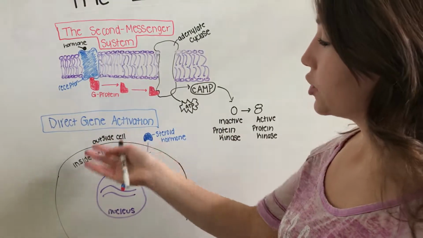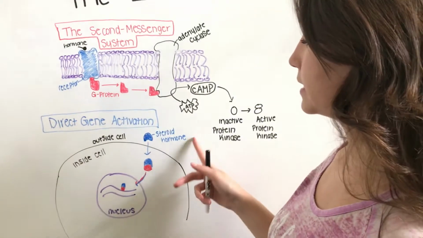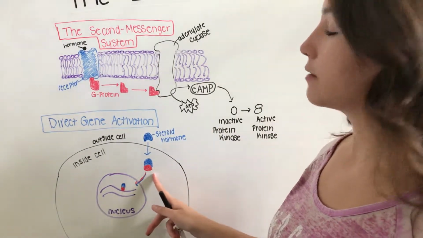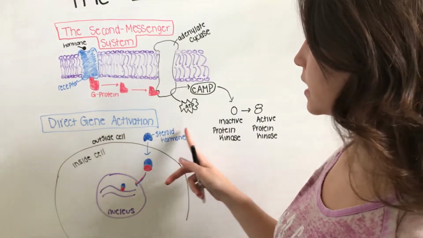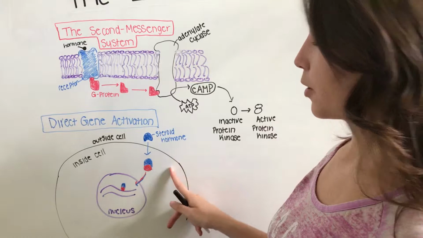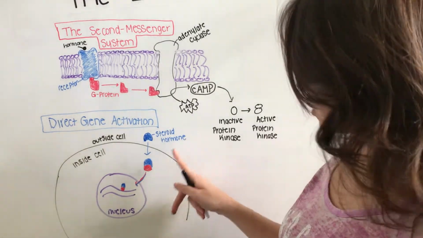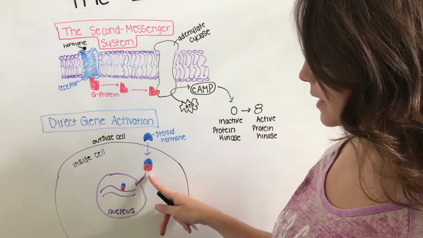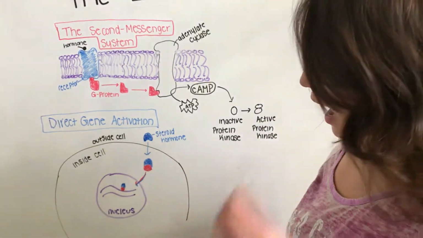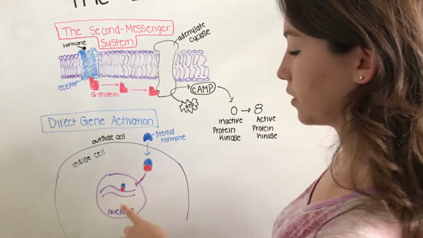The other option is direct gene activation. Direct gene activation is used by steroid hormones. Like I said earlier, the receptor is inside of the cell for steroid hormones because these steroids can penetrate the semi-permeable membrane. So the steroid hormone is going to enter the cell, and it's going to bind to this red thing, which is the intracellular receptor. Then this hormone receptor complex is going to enter the nucleus.